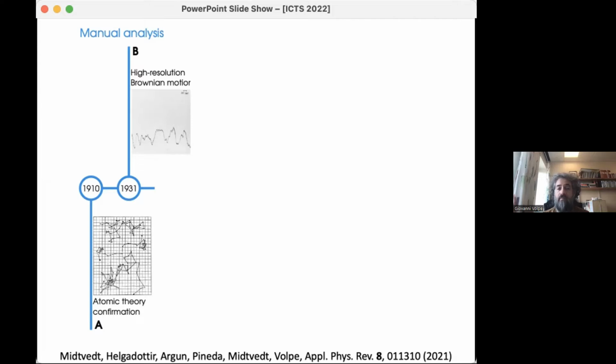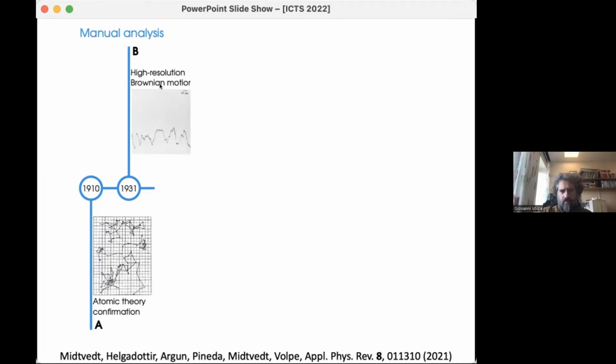So you have the Perrin experiments here in 1910, for which Perrin got the Nobel Prize, where basically he manually tracked microscopic particles and could show by tracking them that they were diffusing and could demonstrate empirically, experimentally, that Einstein was right. Microscopic particles move, and this permits us to tell something about the existence, first of all, and then the size of the atoms or the molecules constituting the fluid surrounding the particles.